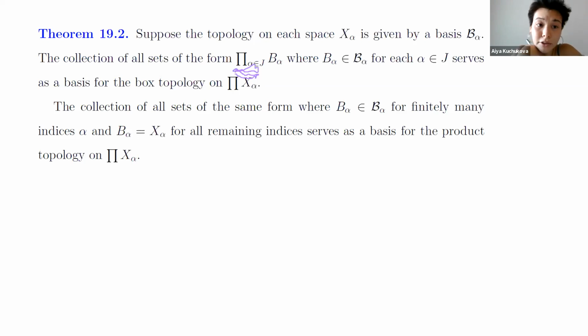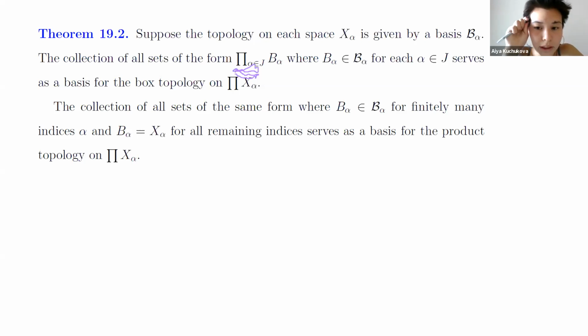Well, maybe let's do it together. The definition of a basis, I think, is first that it has to cover all elements, right? There always should be one basic element which contains x.